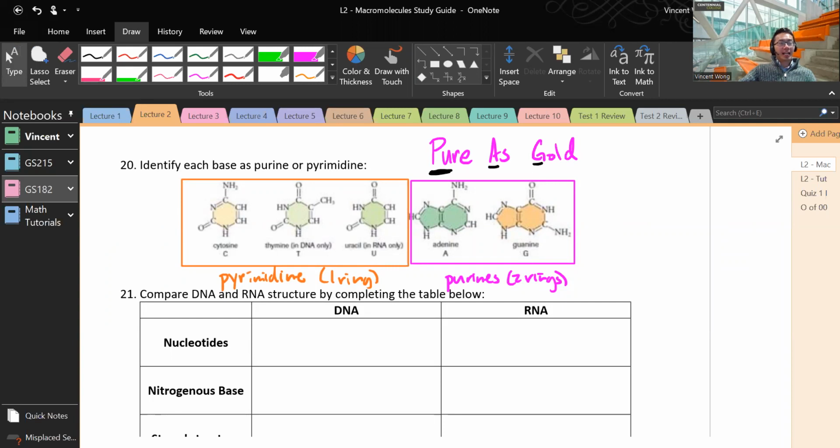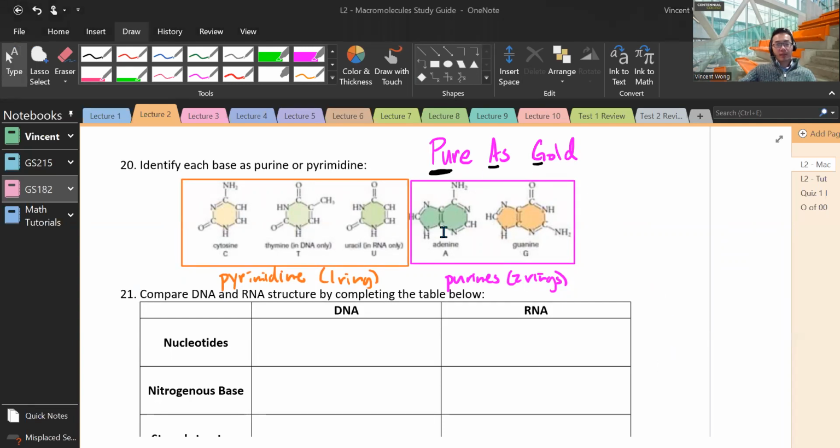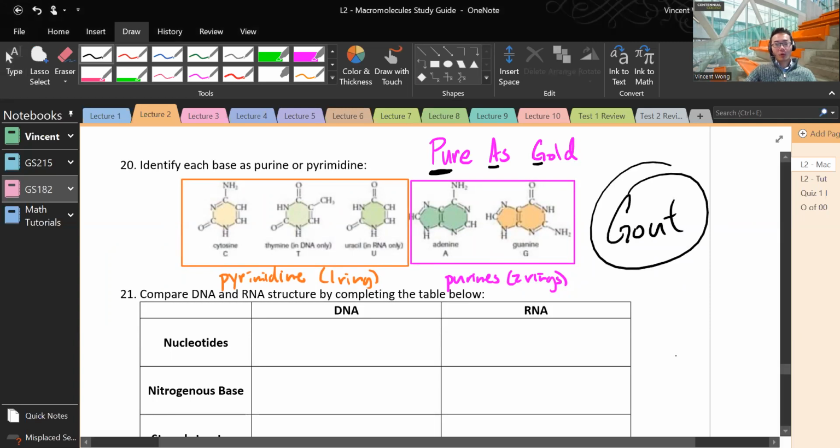Do you guys know what condition, if you have it, you have to avoid purines in your diet? You would get a lot of purines from alcohol, especially beer, and red meat. Anybody heard of gout? Gout happens when you have a buildup of uric acid in your joints. One of the places it usually builds up is in your big toe.